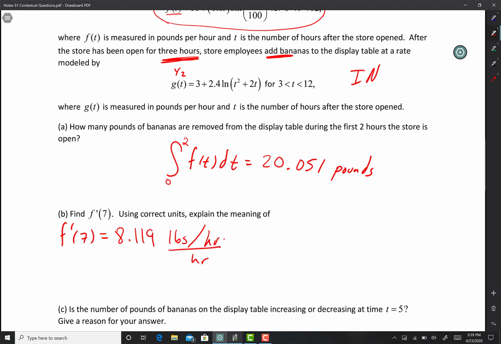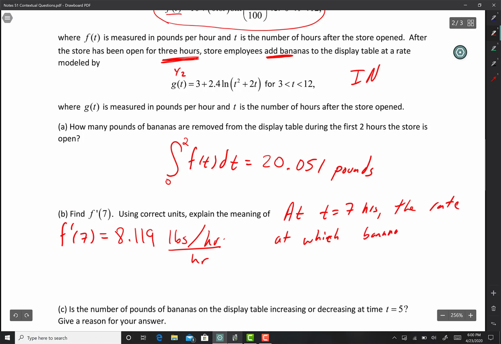So there it is, and I'm going to write it like this. At t equals 7 hours, the rate at which bananas are being removed is decreasing by 8.119 pounds per hour.